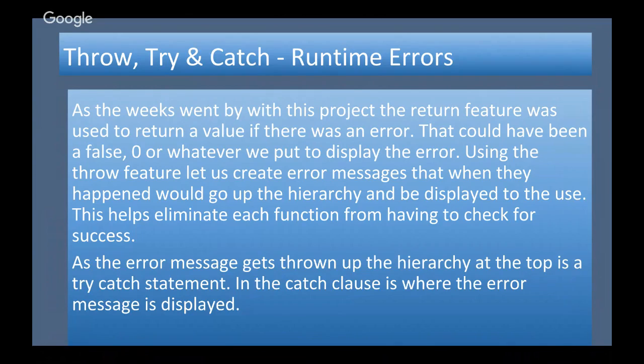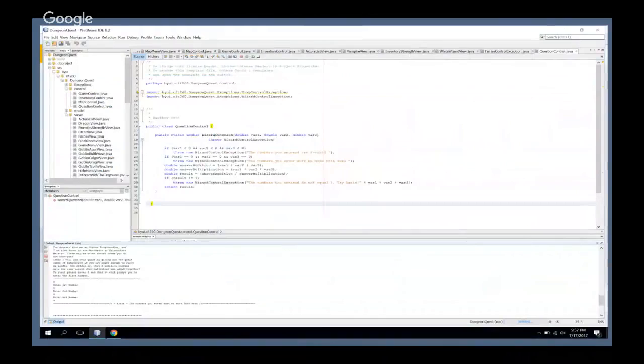What's nice about this throw, try, catch error is that it's going to be able to throw up error messages that we want for each thing, and then throw it up the hierarchy. The one I'm going to show you is question control to the wizard view. Wizard view is the top of the hierarchy, controls the beginning. I'm going to show you how that works with try, catch, and throws.